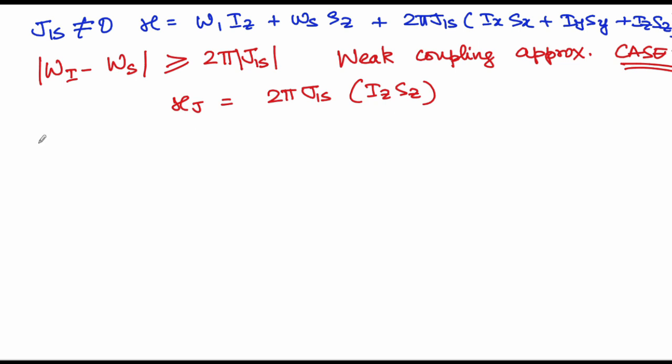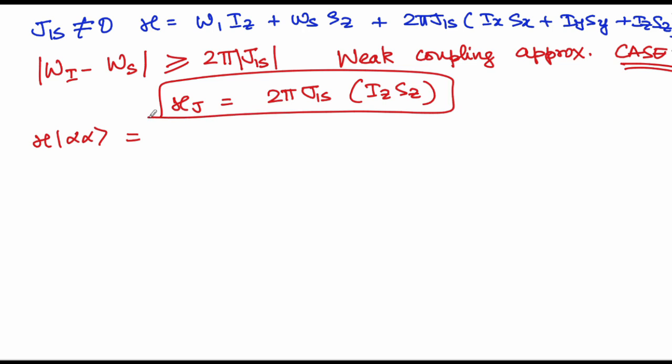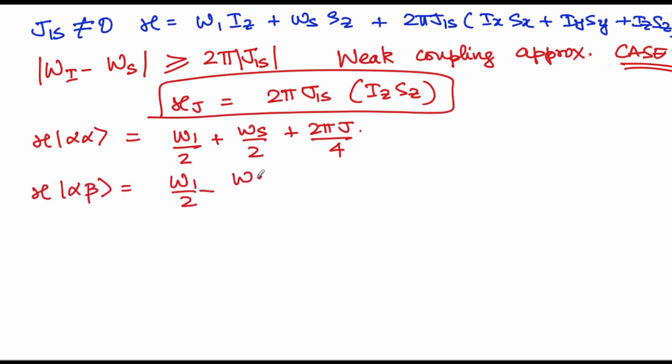So let's once again calculate what will be the energy of the alpha alpha state. Remember, now you have an additional scalar coupling component. So you're going to have omega I by 2 plus omega S by 2 plus 2 pi J times half times half, that will be 1 over 4. Similarly, how does the minus sign come here?